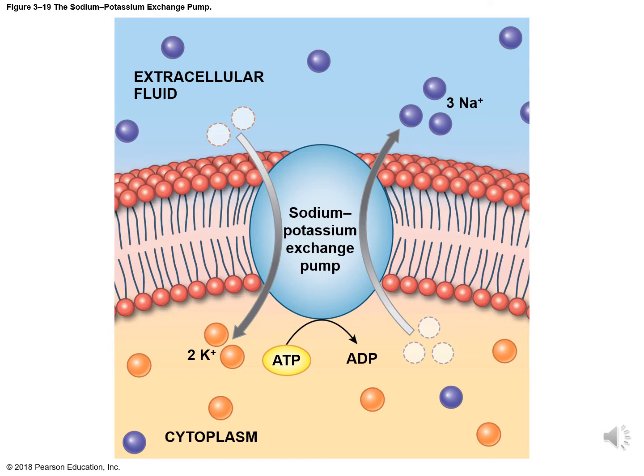And some of these ion pumps will actually be exchange pumps where they will move different molecules in different directions at the same time. The most common of these pumps is the sodium-potassium exchange pump, and this will move 3 sodiums out of the cell and 2 potassiums into the cell each time it functions.